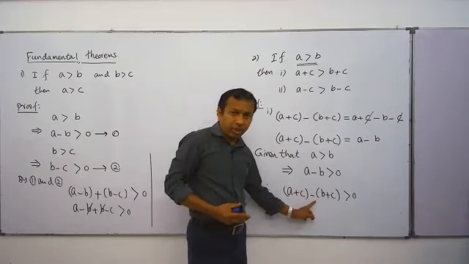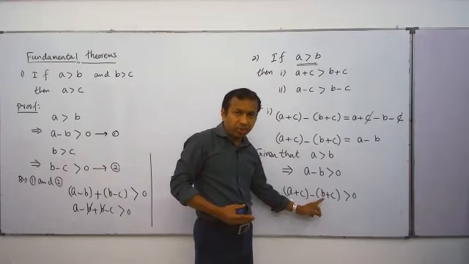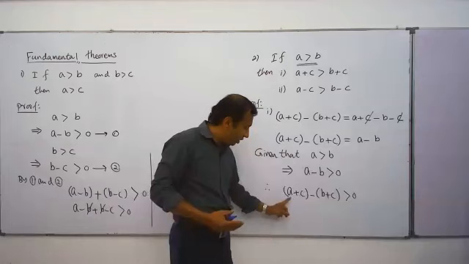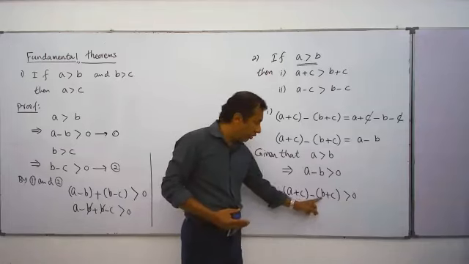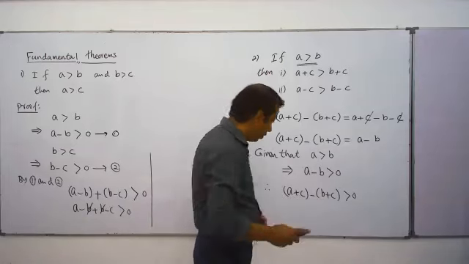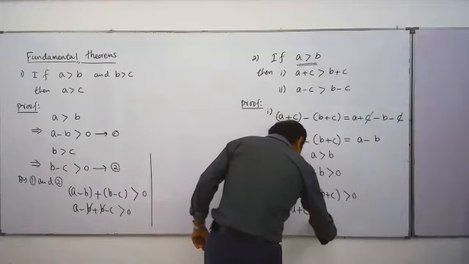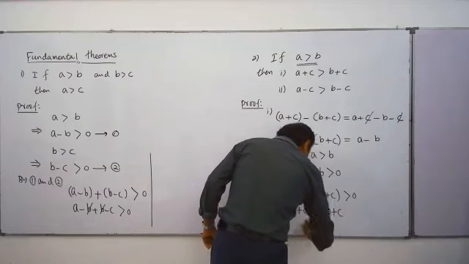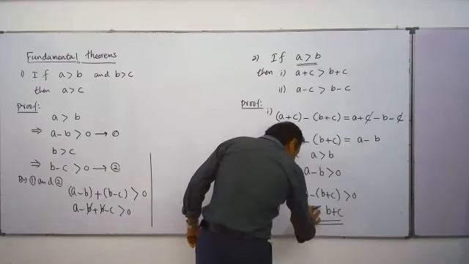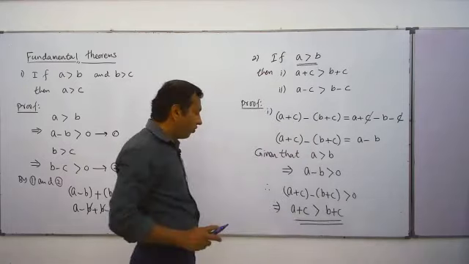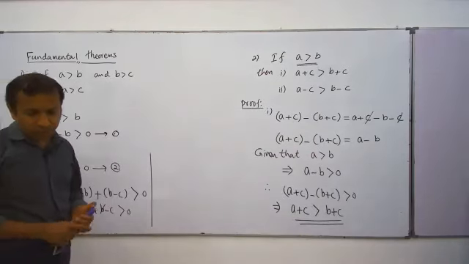This real number minus this real number, that difference is positive. For this to occur, people, definitely this a plus c should be greater than this b plus c. So therefore, this implies a plus c greater than b plus c. See here the way of proving this. This is how we prove.